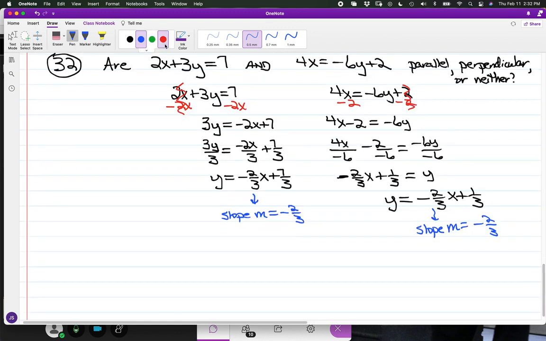And guess what? We have the slope here at negative 2/3, and the slope here also at negative 2/3. And since we have the same slope, it's going to turn out that the lines are going to run parallel to each other.